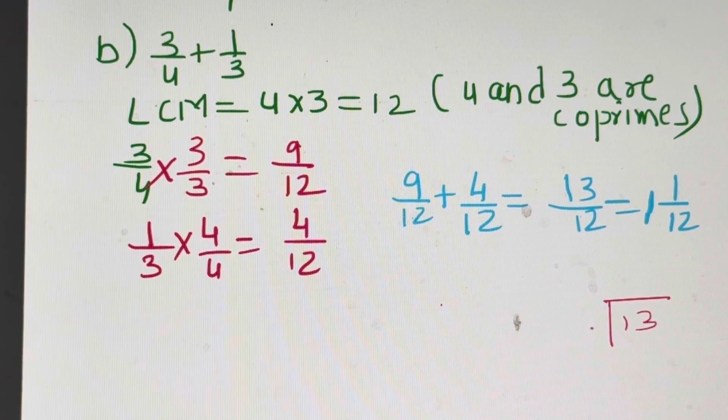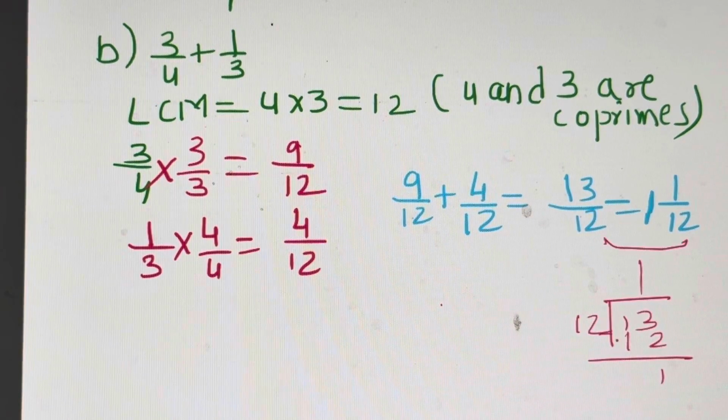I'll show it to you here. 12 ones are 12. And the remainder is 1. So 1 whole, your quotient should be the whole part. 1 whole, remainder is numerator, and 12 remains as it is. That you should remember. The denominator remains as it is. So this is question number 1b.